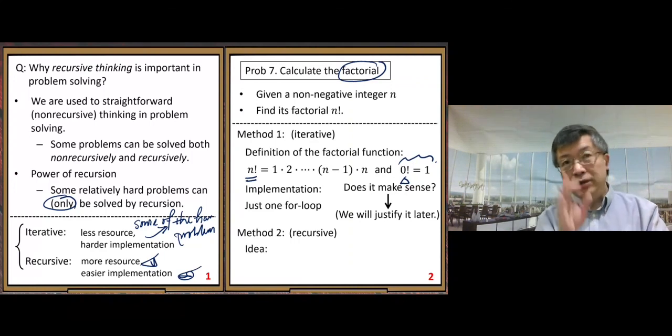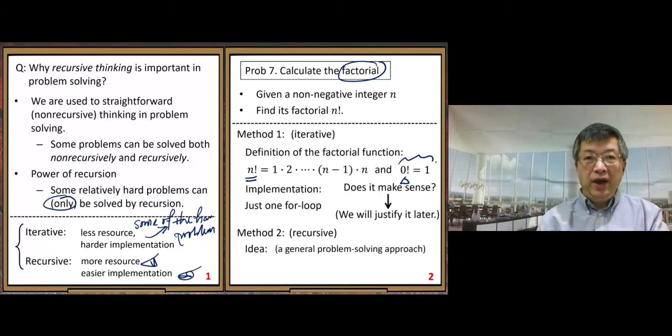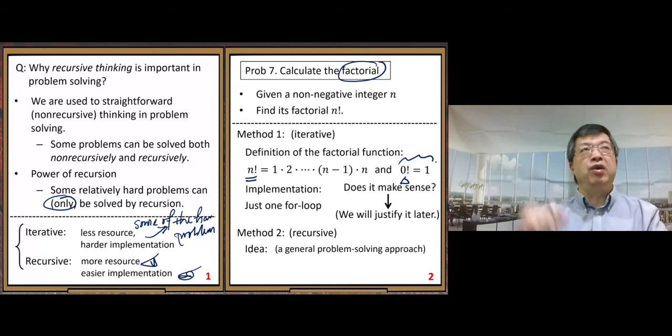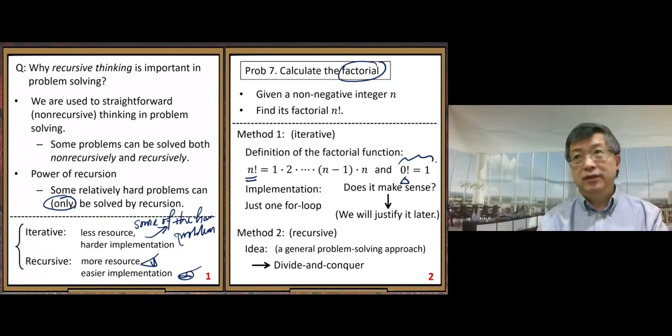All right, so let's look at the idea. What idea would we like to use in our thinking? Here, we're talking about a very general problem-solving approach. It is called divide and conquer. I think you have heard of the divide and conquer approach.